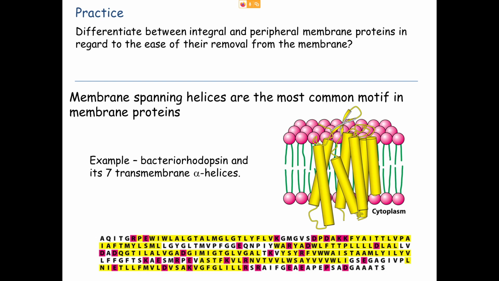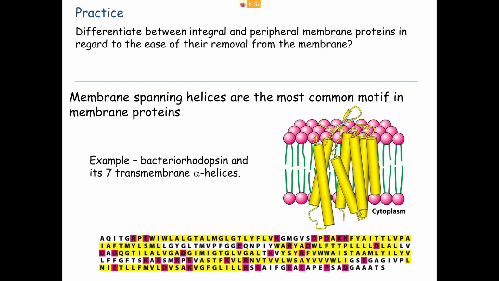If I were to take that three-dimensional protein and look at its primary structure, there it is on the bottom of the screen, and I just labeled some amino acids yellow for hydrophobic, and then pink or red for hydrophilic or charged amino acids. Okay, so I start looking through it, and I see a pattern emerges.